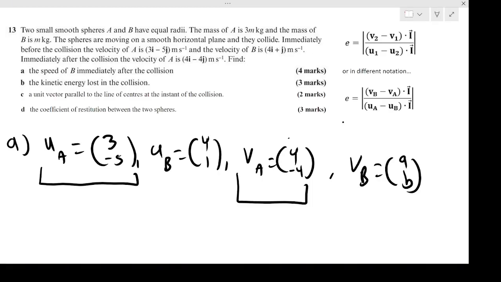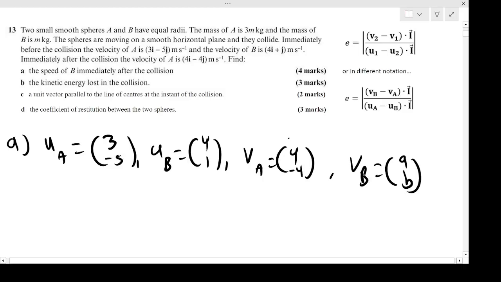Because it would be parallel to only one of the components. But actually notice for A, originally I is 3, then it changes to 4. So I doesn't stay the same. But for J, it's minus 5, and then it turns to minus 4. So J doesn't remain the same either. So that tells me the line of centers must be sloped. Okay, so it's not going to be horizontal, vertical, or I or J. Okay, so all the components are changing.